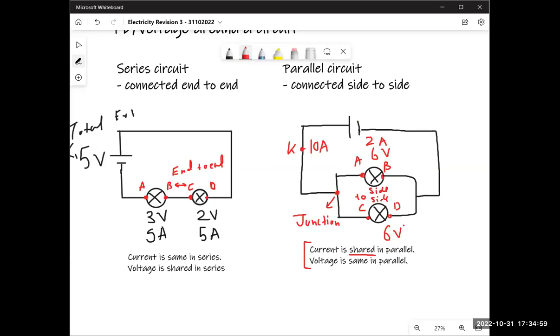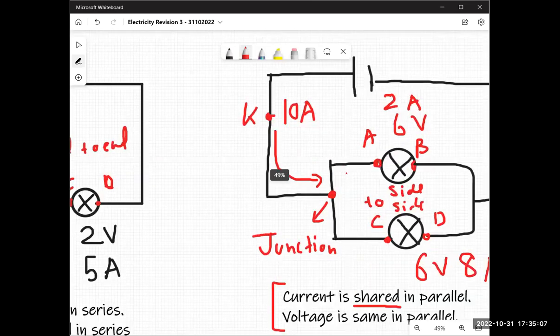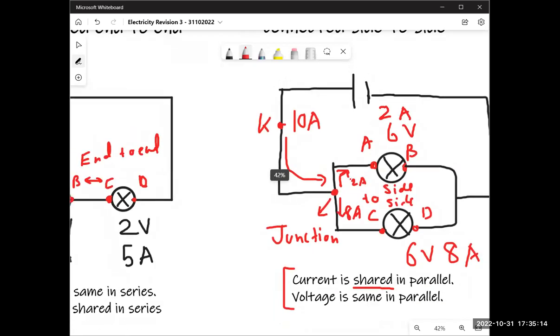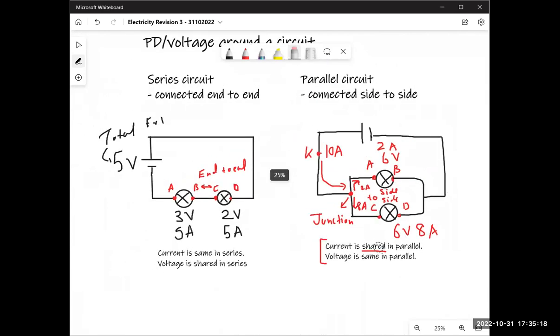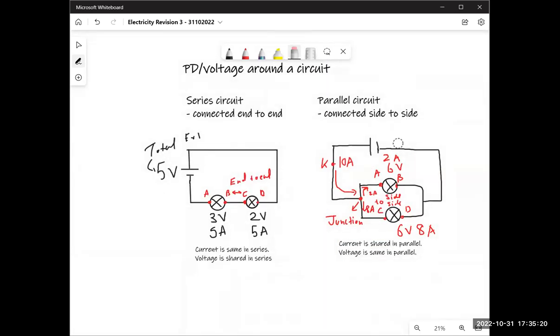So what will happen here? 8 amperes. Why is that? Because when this current goes over here, it's shared. So 2 goes up and 8 comes down. Is that clear? The current is shared. 2 goes up, 8 comes down. We'll look at this in the next question in class as well.